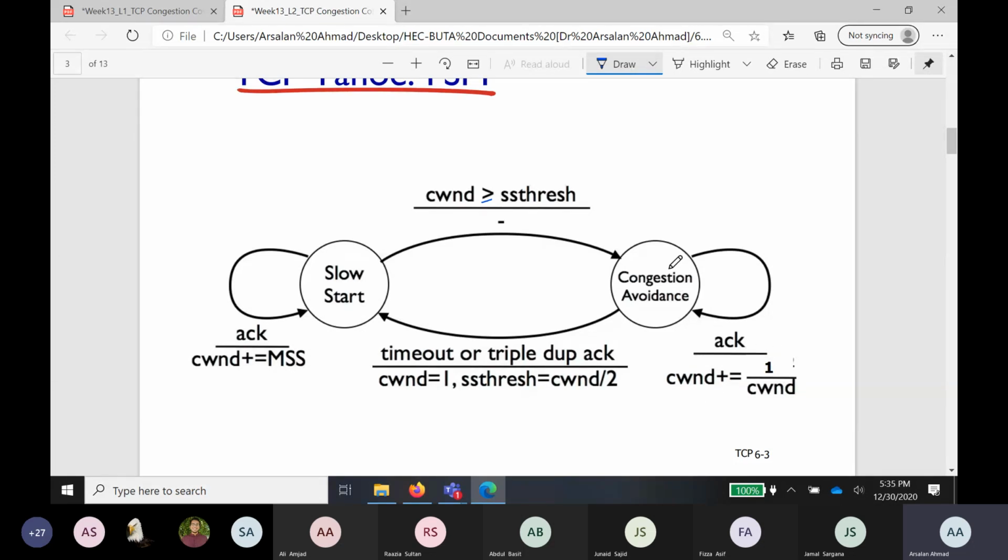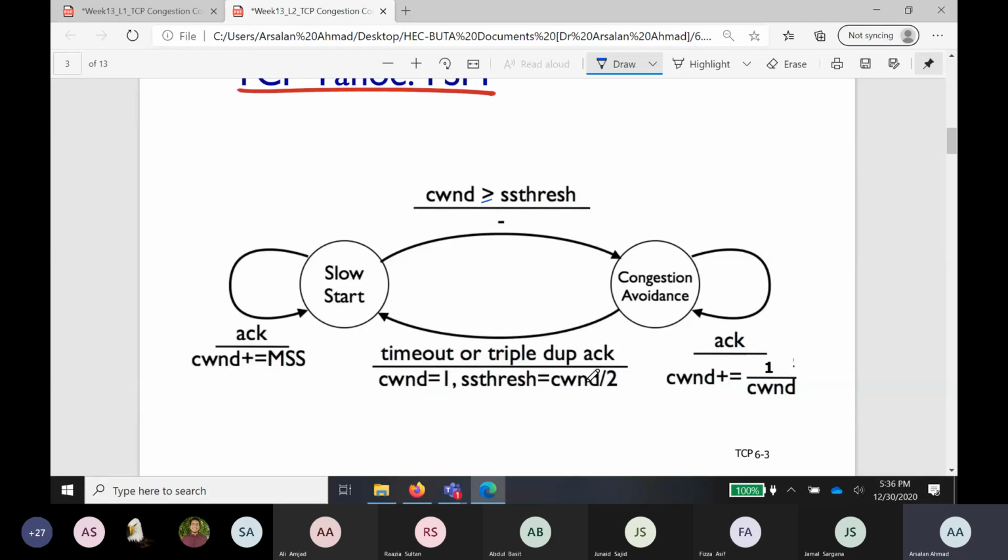We will stay in the congestion avoidance state until one of these events happens: we have a timeout or we have a triple duplicate ACK. So we detect segment loss either by timeout or by triple duplicate ACK, but we don't care which; we just detect segment loss. We will set the congestion window to 1, and we will set the slow start threshold value to cwnd by 2.